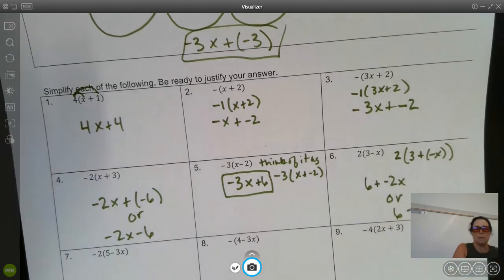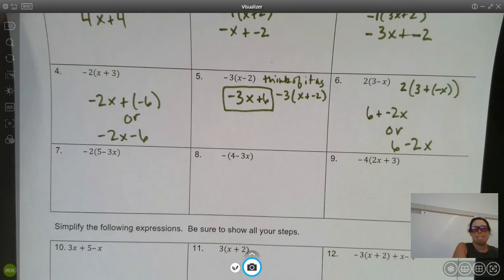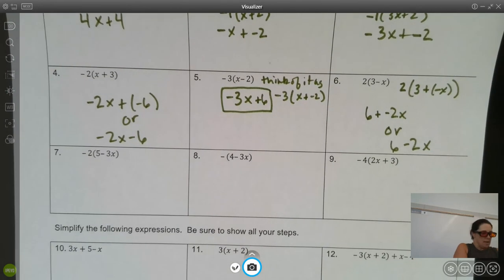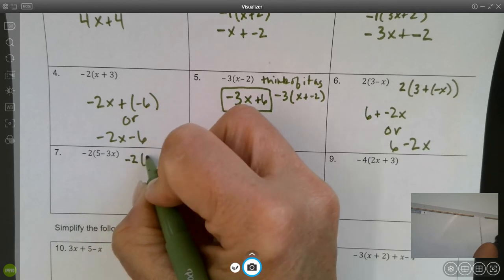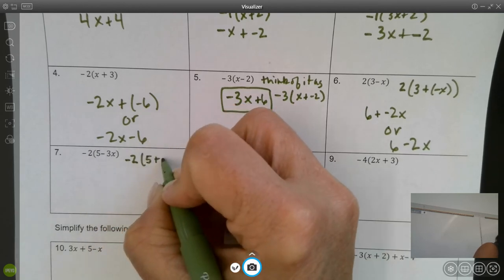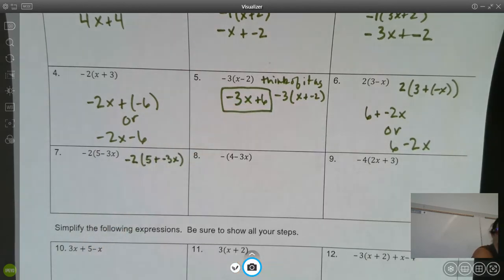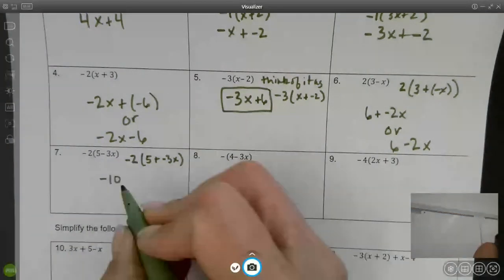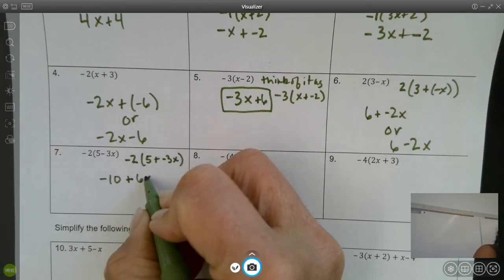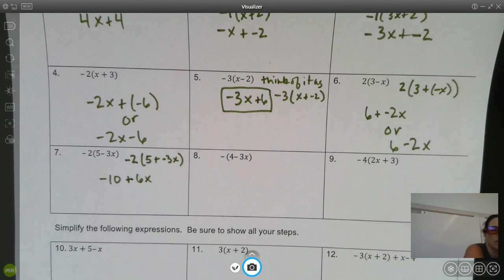Let me scooch that up. All right, this guy, you might want to think of this as negative 2 times 5 plus negative 3x. Okay, you would get negative 10 plus 6x as an answer.